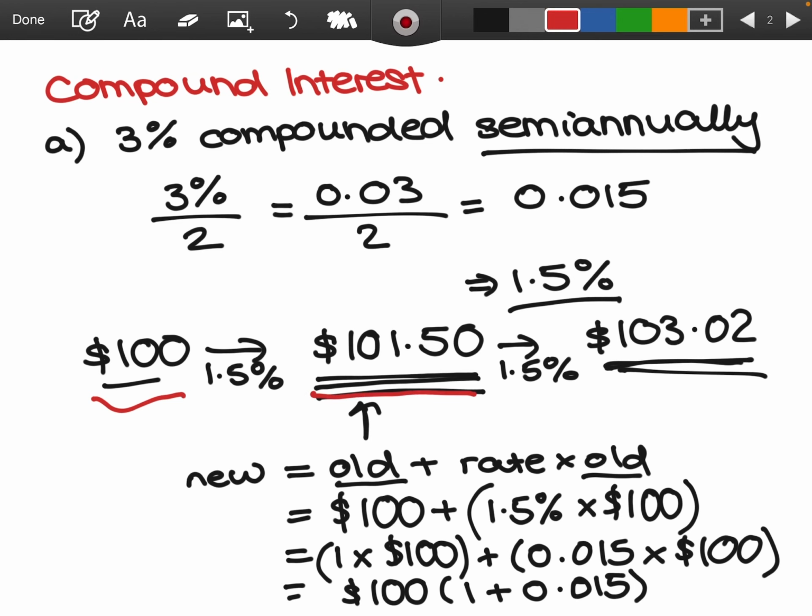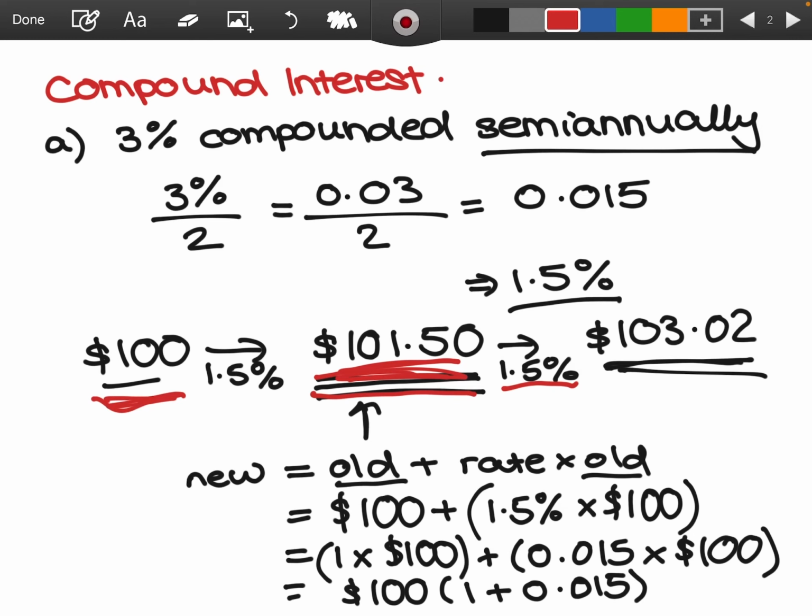After the first 6 months, because it compounded semi-annually, I got 1.5% interest on my $100, which meant that I then had $101.50 in the account. When I then, at the next pay period, had another 1.5% interest added, it was 1.5% of this amount, not just of my principal amount.